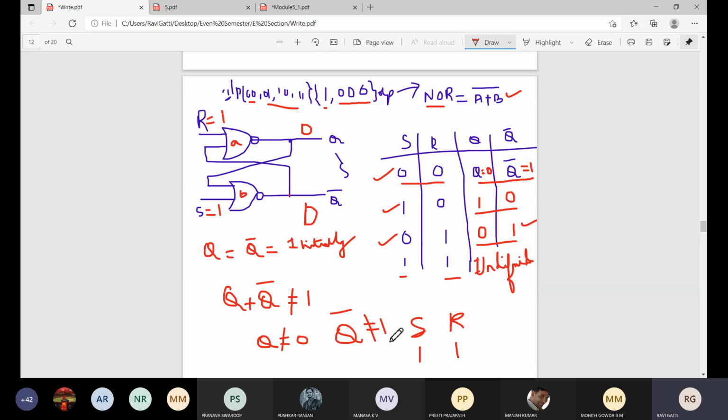The purpose of our sequential circuit is to get Q and Q bar, and both have to be complement to each other. Since in this case it is not happening, when S is equal to 1 and R is equal to 1, the SR latch will not produce a desired output. Therefore we call it an undefined condition.